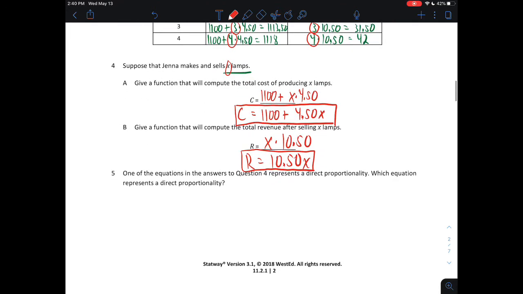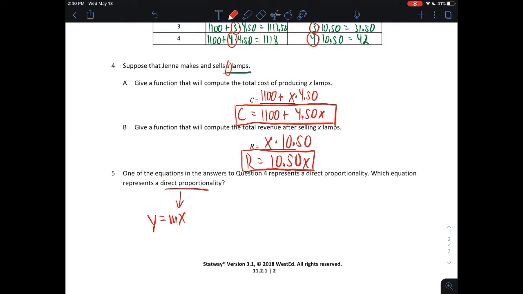Number 5. One of the equations in the answers to question 4 represents a direct proportionality. So while both of these equations could have come from section 11.1.2, one of these two could have also come from section 11.1.3. Which equation represents a direct proportionality? And for that, I would just remind you that this has to be in the form y equal to m times x.